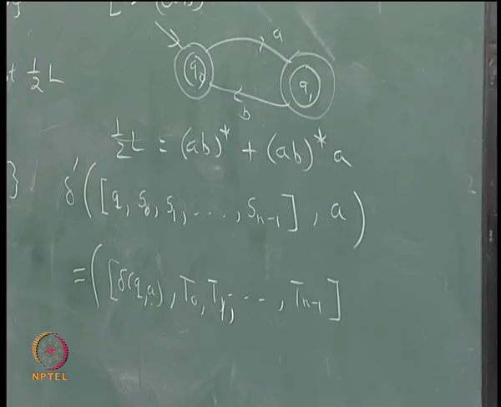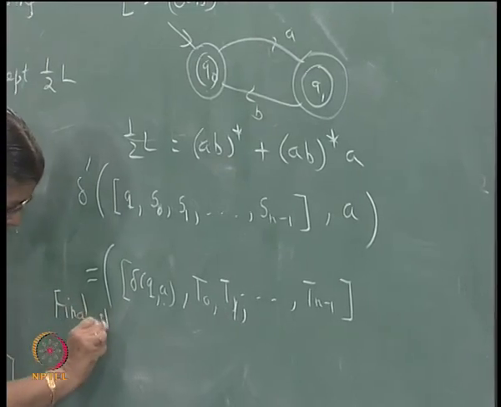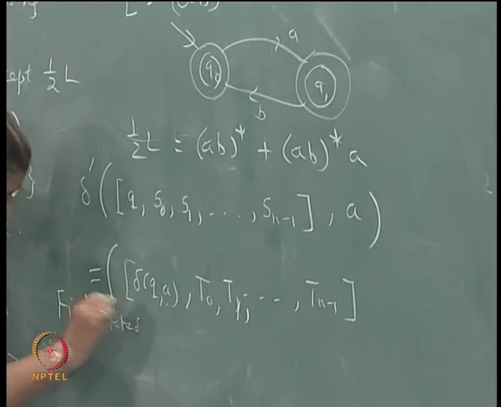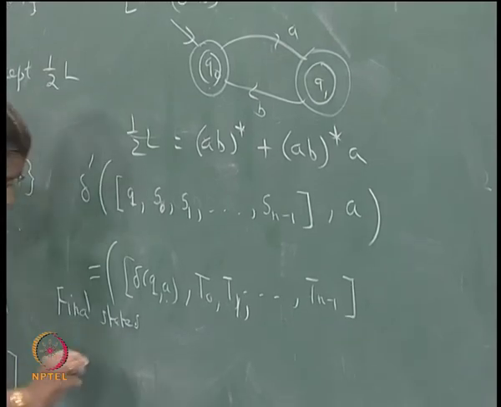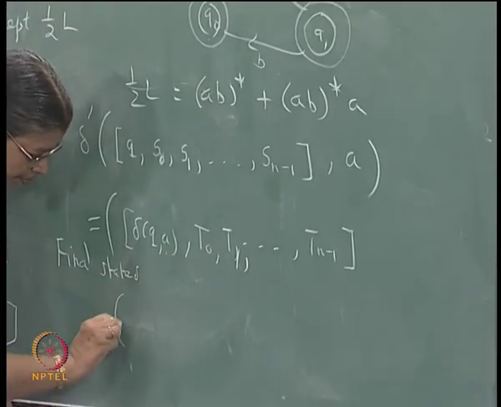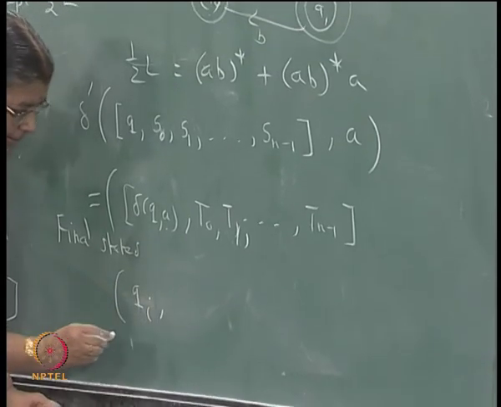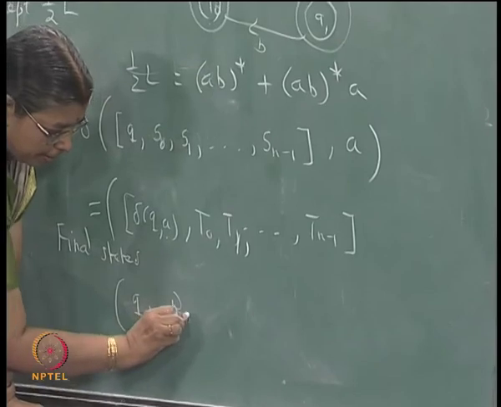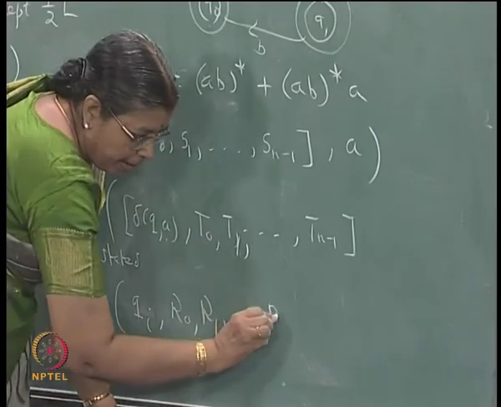And what are the final states? Final states are of the form some Qi, then R0, R1, up to Rn minus 1, which are all subsets.